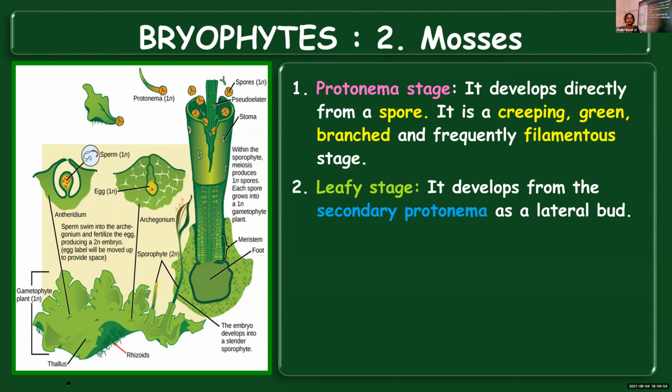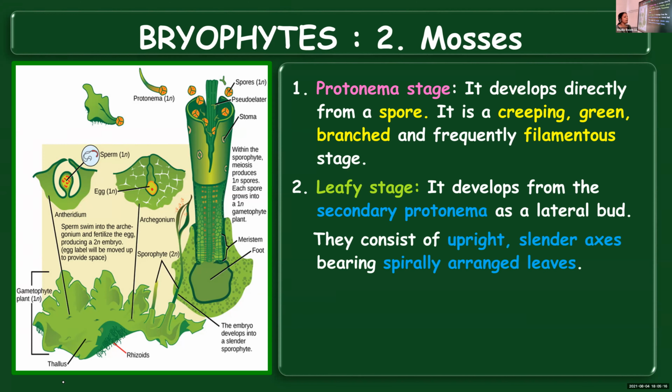When it is not produced from spores but from parts other than that, you call it secondary protonema. And this will be formed as a lateral bud, a bud formed on the lateral side of a secondary protonema.